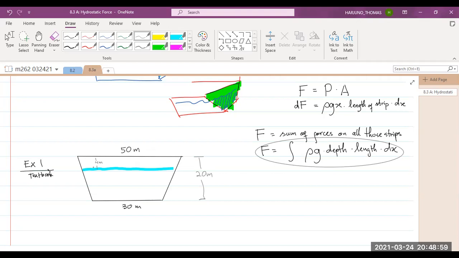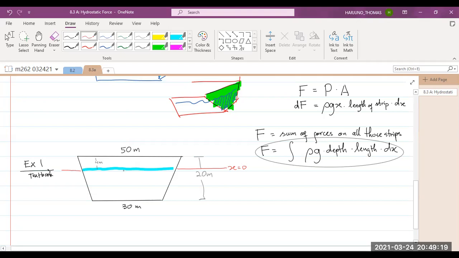Our textbook uses the surface of the water as their line of reference; they call that x equals 0.